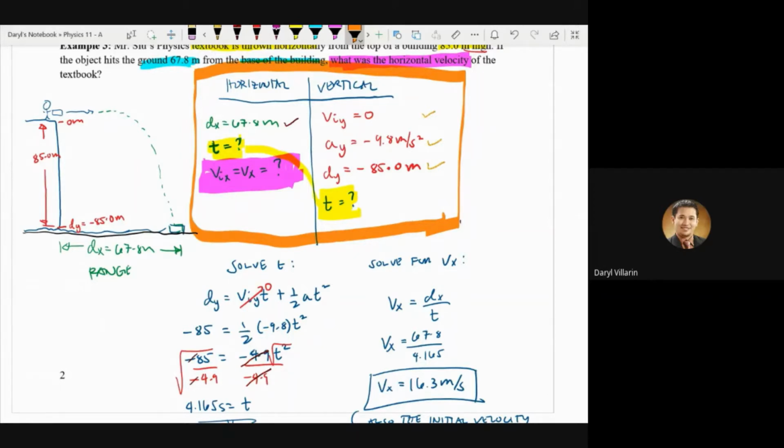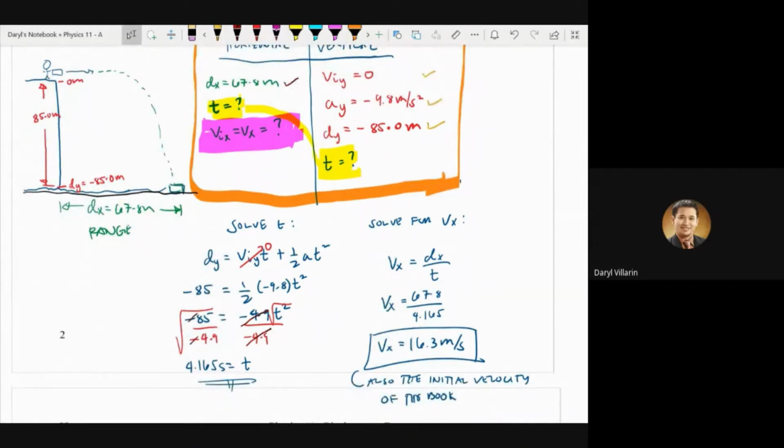So if you can see here, if I use dy as a positive 85 and you forgot to place the negative sign, when you try to solve that you'll get the square root of a negative number, and you know that the square root of a negative number is not a real number. So your calculator will give you an error message, or some calculators will give you an imaginary number.